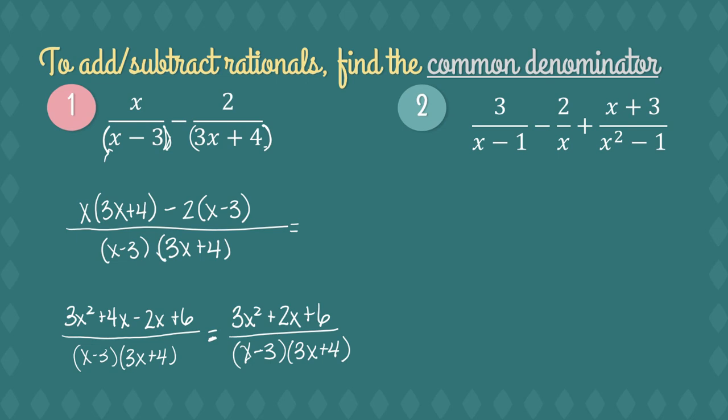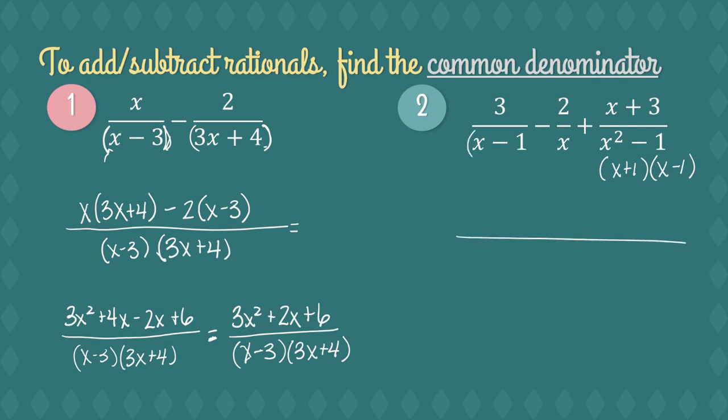Now, this x squared minus 1, I'm going to factor that just to see what factors I'm dealing with. Now, on the last one, remember, neither of these, the x minus 3 and the 3x plus 4, could be factored. But because x squared minus 1 can be, I want to factor that out. And you can see that I have an x minus 1 in both.